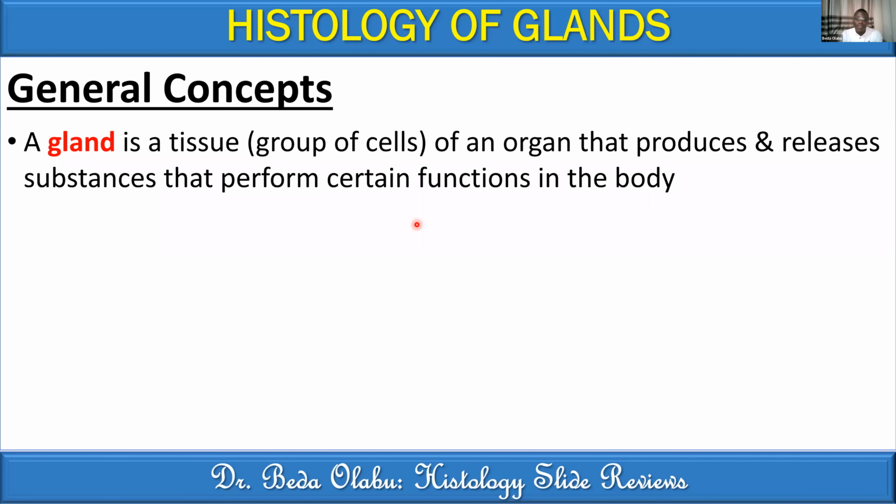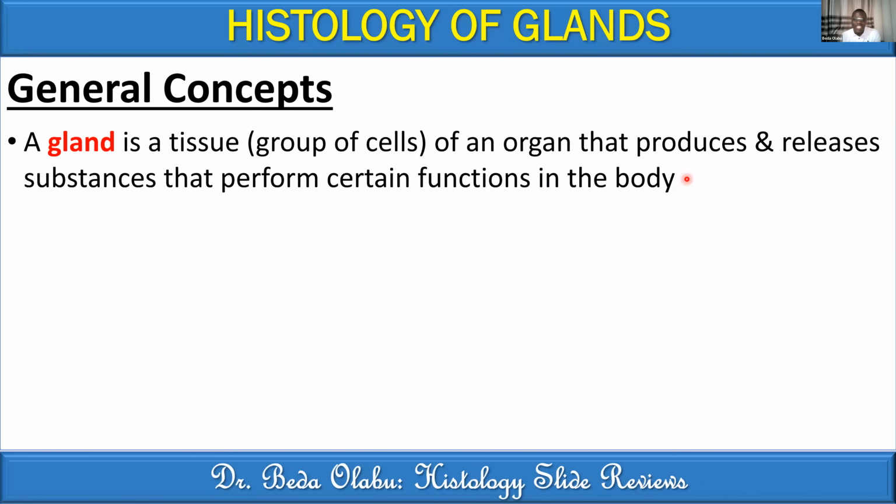By definition, a gland is a tissue, and remember, tissue is a group of cells. It could be a tissue or an organ that produces and releases substances that perform some specific functions in the body.